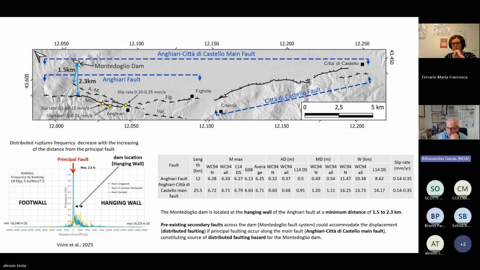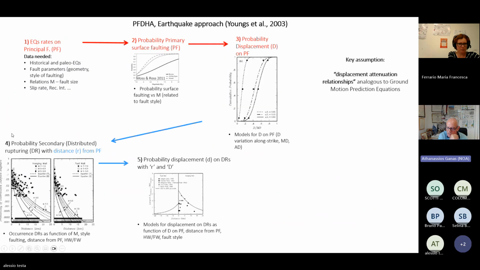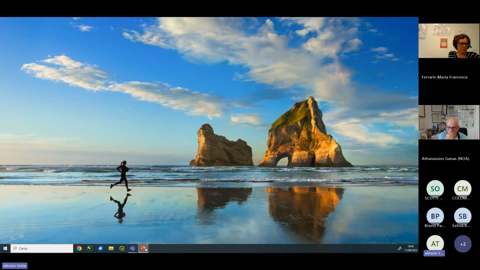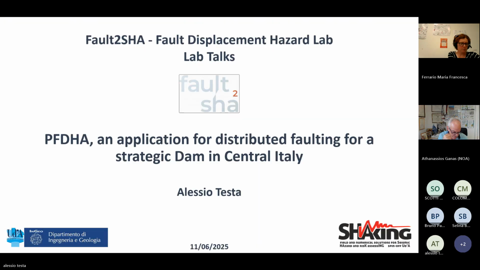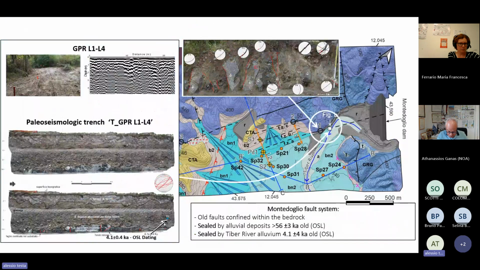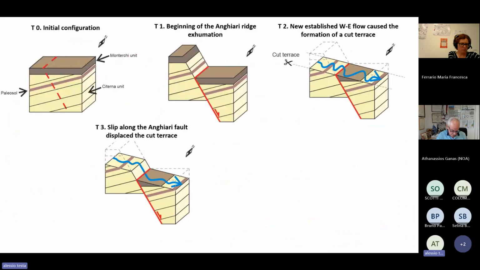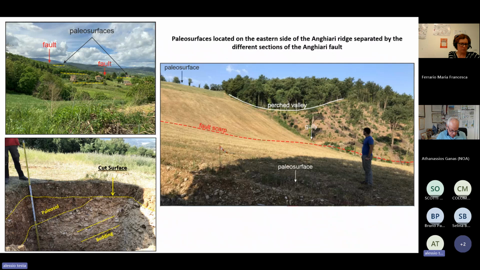I have another question. What material did you use to date with cosmogenic isotopes? There was a surface there. If I recall the maps, was an alluvial fan displaced? Actually, we dug a very small pit, as in the example here, and we collected pebbles from this gravel.